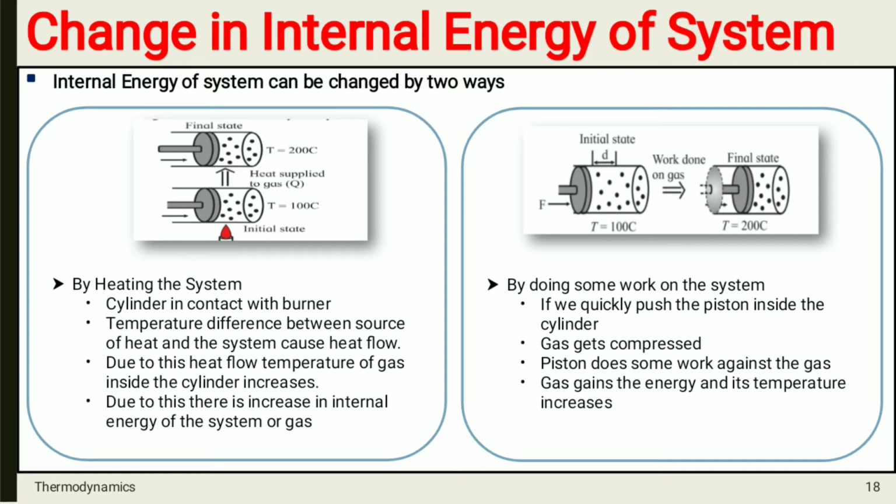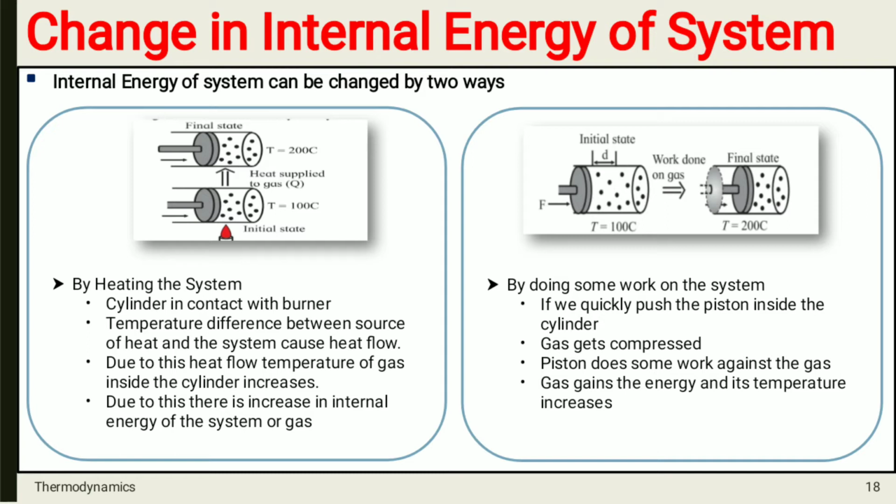So piston has done some work on the gas, against the gas. So gas gains the energy and temperature of gas will increase. Along with this, internal energy of the system also increases.